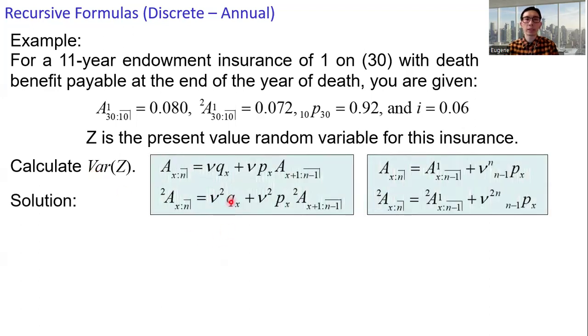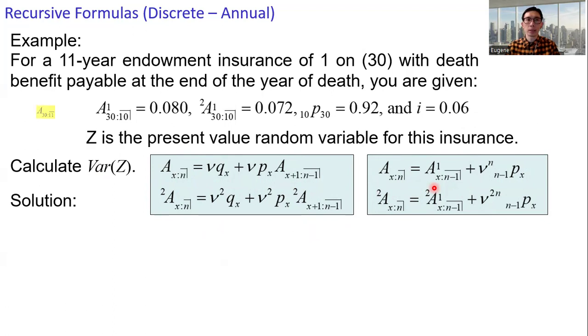We have 2 sets of recursive formulas. The first set, we relate the n-year term insurance on age x with the n-1 year term insurance on age x plus 1. And the second set, we relate the n-year endowment insurance on x and the n-1 term insurance on x.